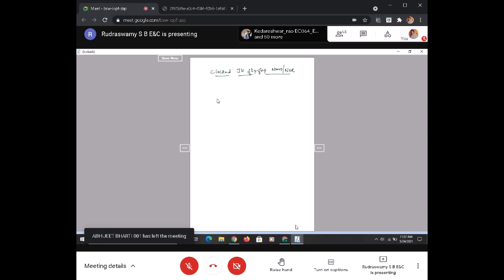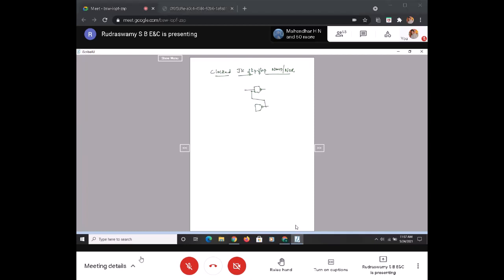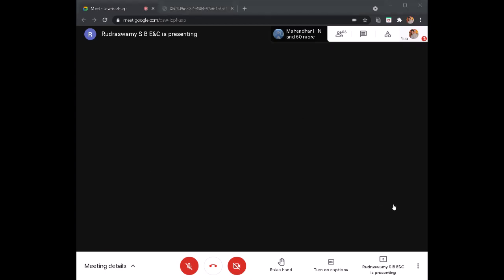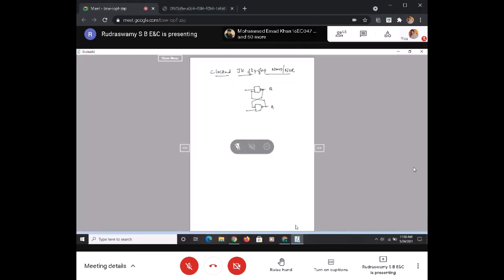If you go with the NAND, it goes something like this. This is basically a latch. This is Q, this is Q bar. This is S bar and this is R bar.